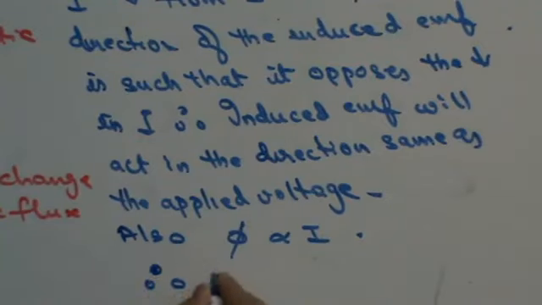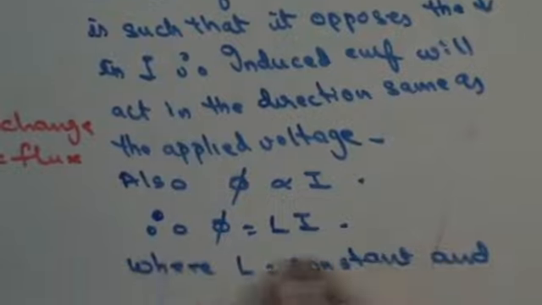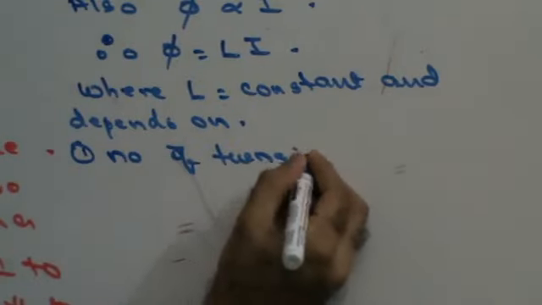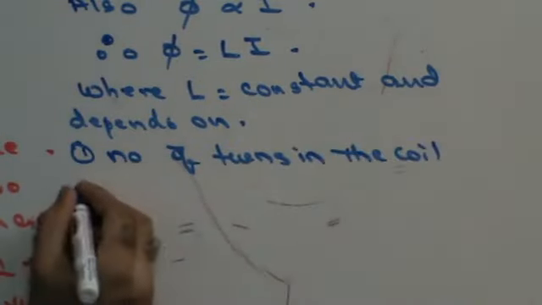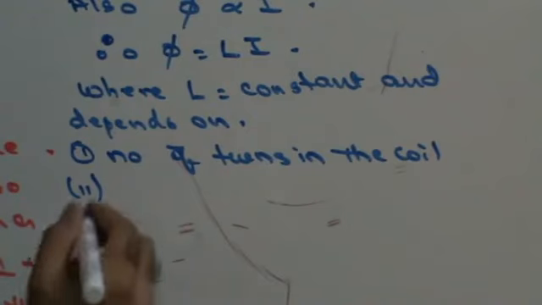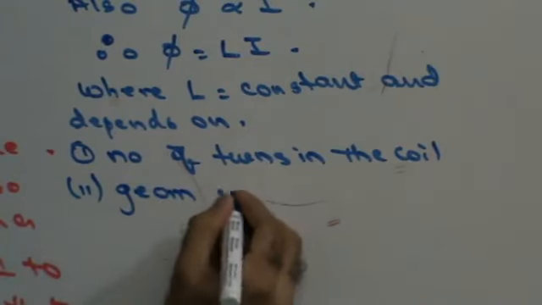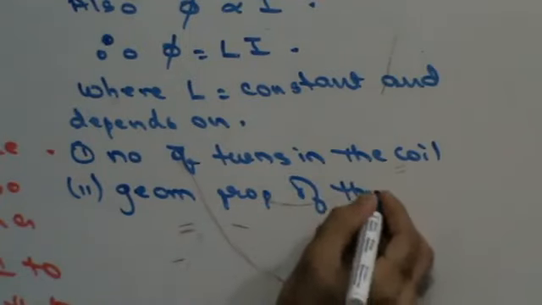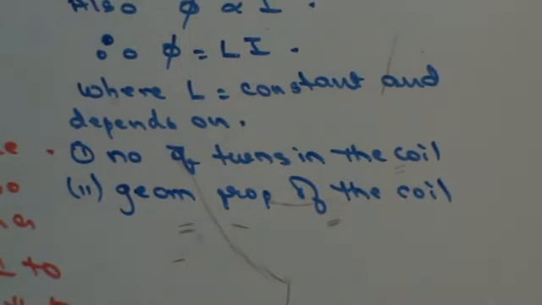Therefore, flux is equal to Li, where L is a constant, and the value of L depends upon the number of turns in the coil, and it depends upon the geometric properties of the coil, the area and shape of the coil, right? These are the two factors.